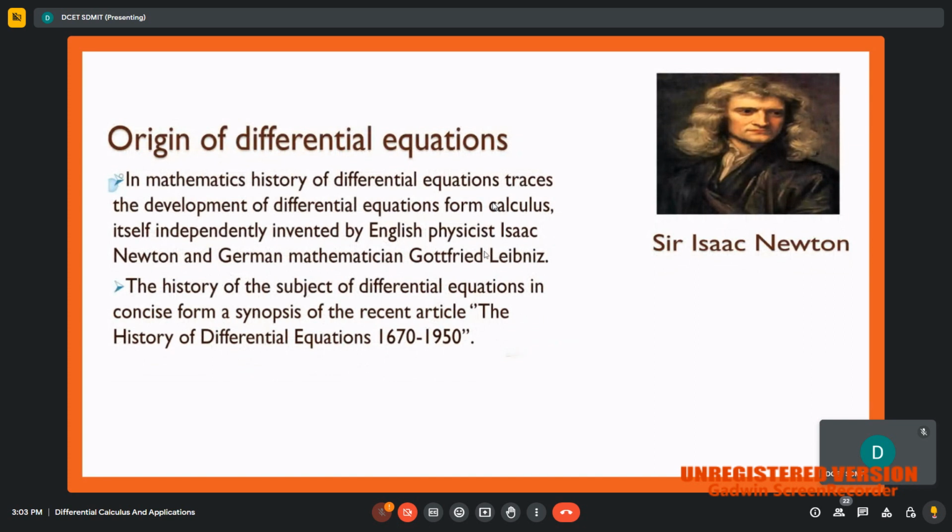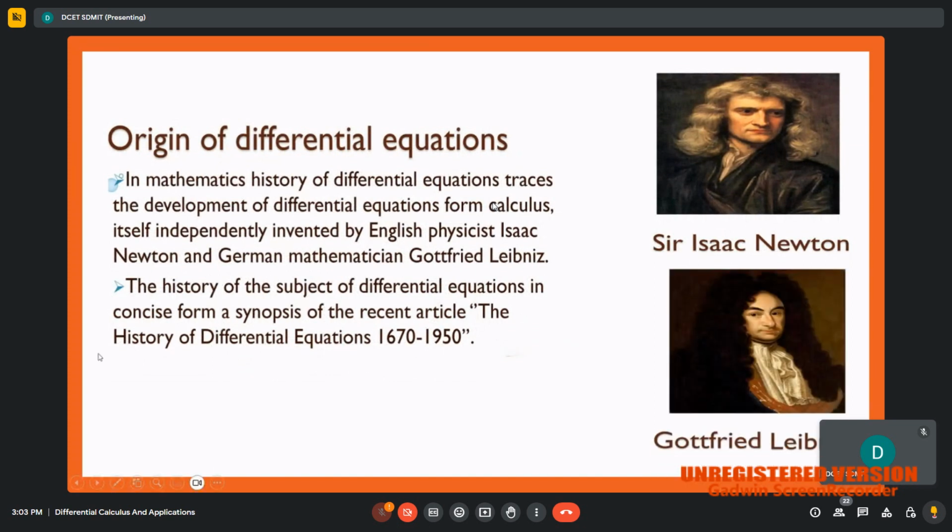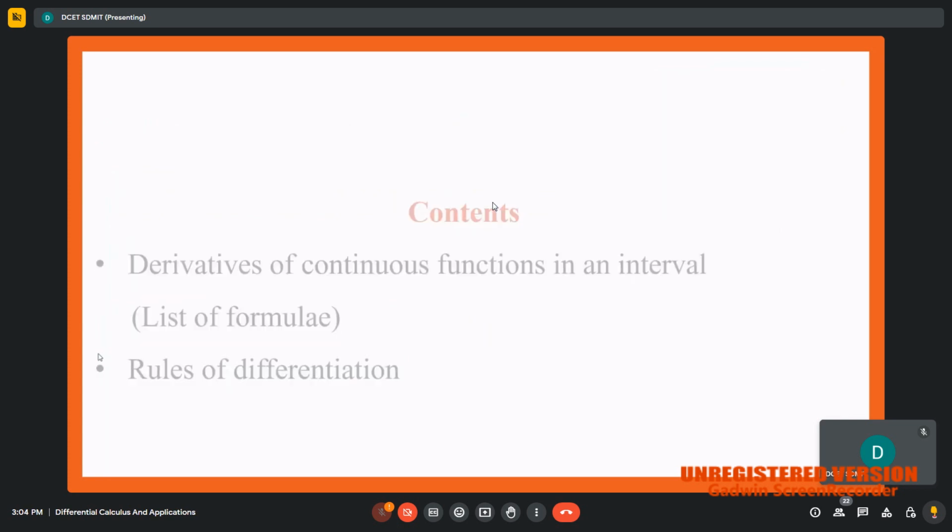Origin of differential equations: in mathematics, the history of differential equations traces the development of differential equations from calculus itself, independently invented by English physicist Isaac Newton and German mathematician Gottfried Leibniz. The history of differential equations from 1670 to 1950.